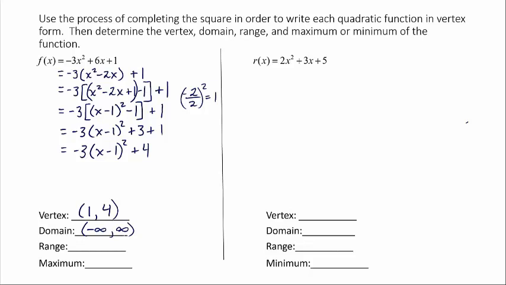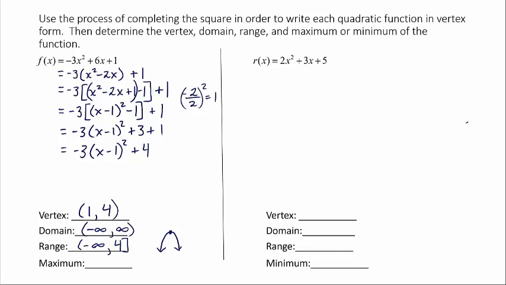And the range, now hold up here because the leading coefficient is negative 3, right? So if it's negative, that means the parabola opens down and we have a maximum point there. So the range would be negative infinity up to, what's the y-coordinate of the vertex? 4, right? So that gives us the set of all y values there.